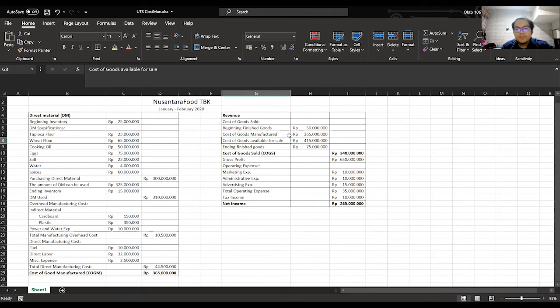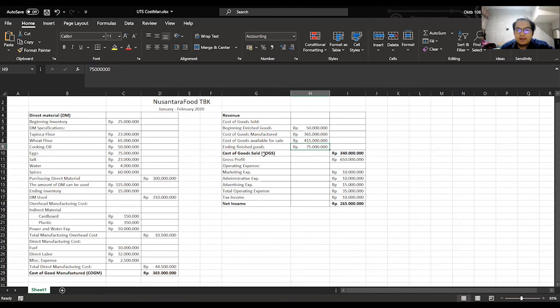Okay, and then from the journal we know that. Now let's add these two up, and we get this number. After that, we get this number from the journal: after this production, we have some leftover finished goods, about 75 million.